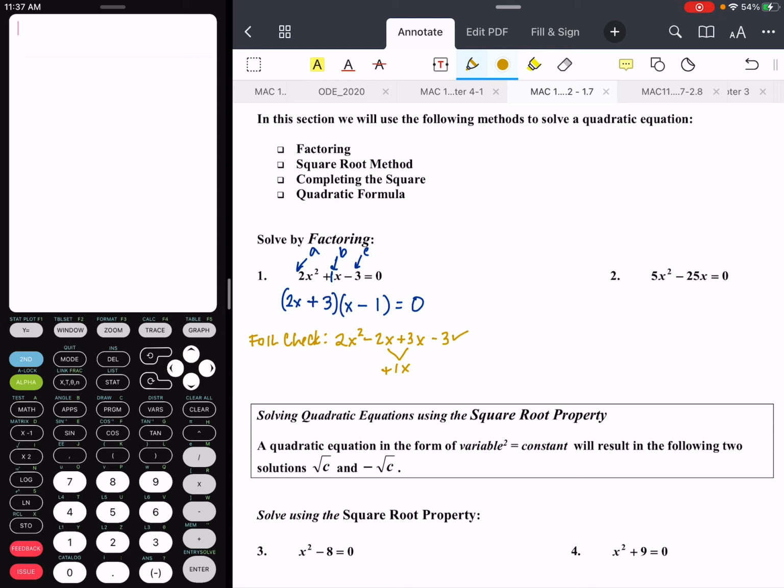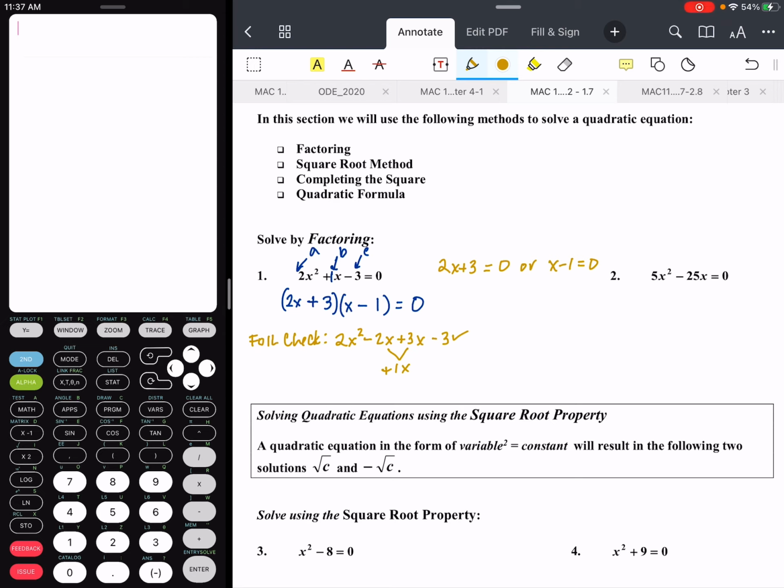Now I know that if these two factors are multiplied to equal 0, that means either my first factor, 2x plus 3, has to equal 0, or my second factor, x minus 1, has to equal 0, in order for those two factors to multiply together to give me 0.